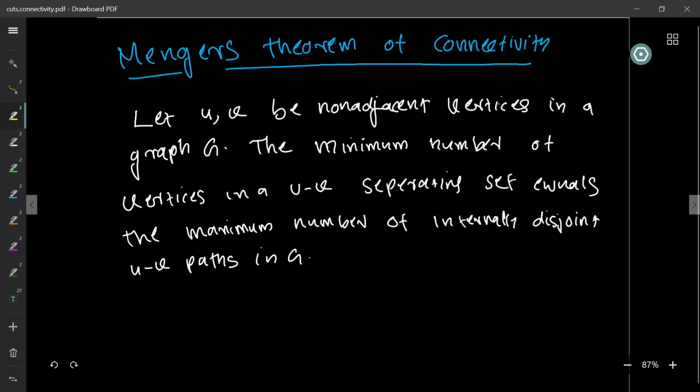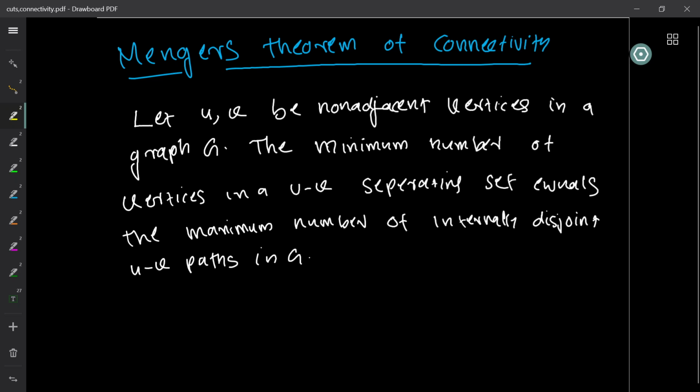So what does Menger's theorem say? Menger's theorem of connectivity says that if U and V are non-adjacent vertices in a graph G, then the minimum number of vertices in a UV separating set is equal to the maximum number of internally disjoint UV paths. If you minimize the local connectivity over any pair of vertices, then you will actually get the connectivity of the graph.